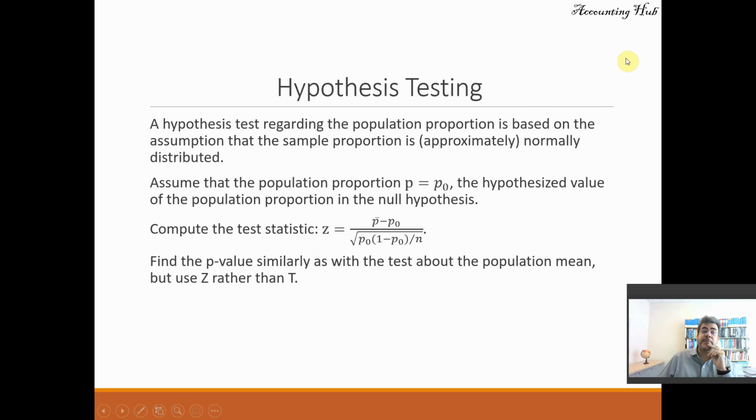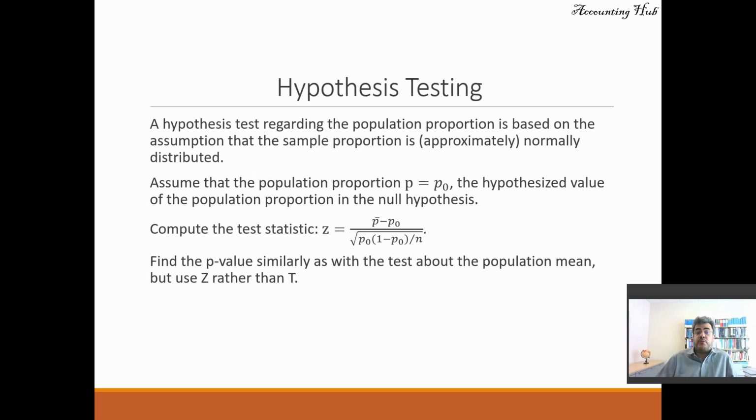A hypothesis test regarding the population proportion is based on the assumption that the sample proportion is approximately normally distributed. So assume that the population proportion P is equal to the hypothesized value of the population proportion in the null hypothesis. So I want my students to get a grade of 90% on my exam.